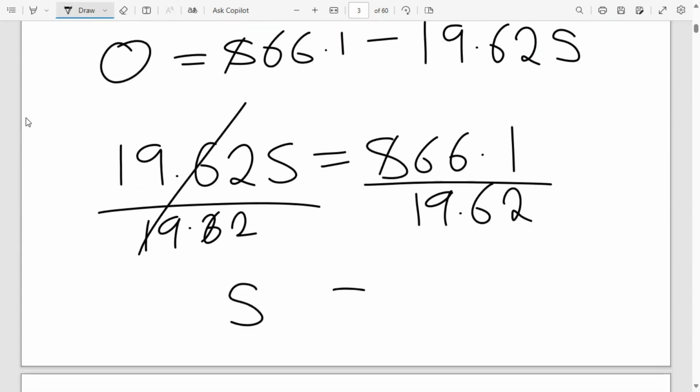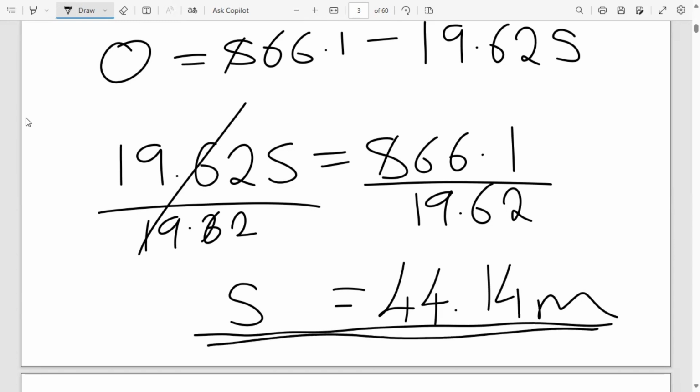I'm having my s is equal to 866.1 divided by 19.62. Okay, so I'm getting my final displacement of 44.14 meters. And that is the maximum displacement in the y-axis, the maximum height reached by the object.